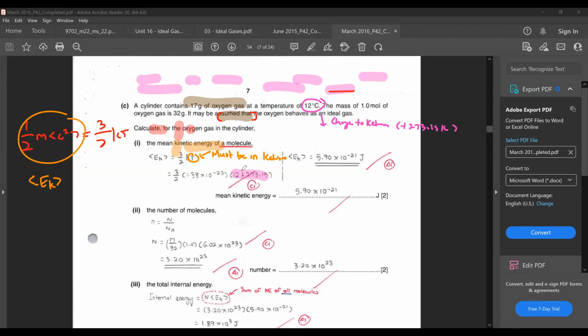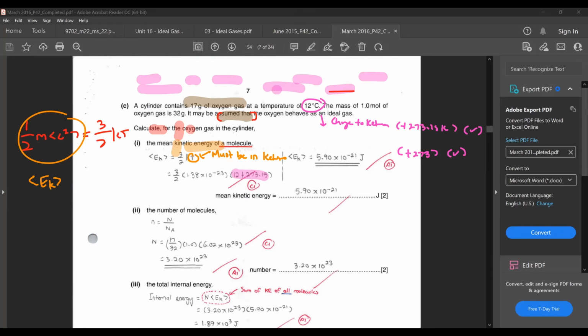That's why you see plus 273.15. Now, I mentioned this to you before. If you just want to add 273, it's perfectly fine. If you want to add 273.15, it's also fine. Both are acceptable.